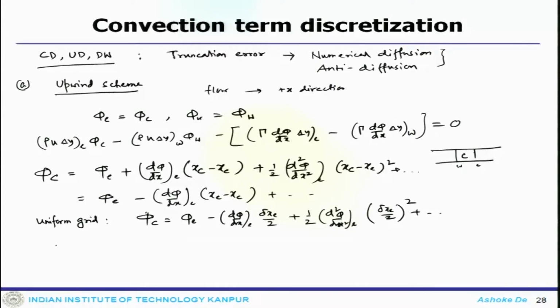Similarly, the phi w can be written as phi w minus d phi by dx w del x w by 2 plus half d 2 phi by del x 2 at w, del x w by 2 square and so on.